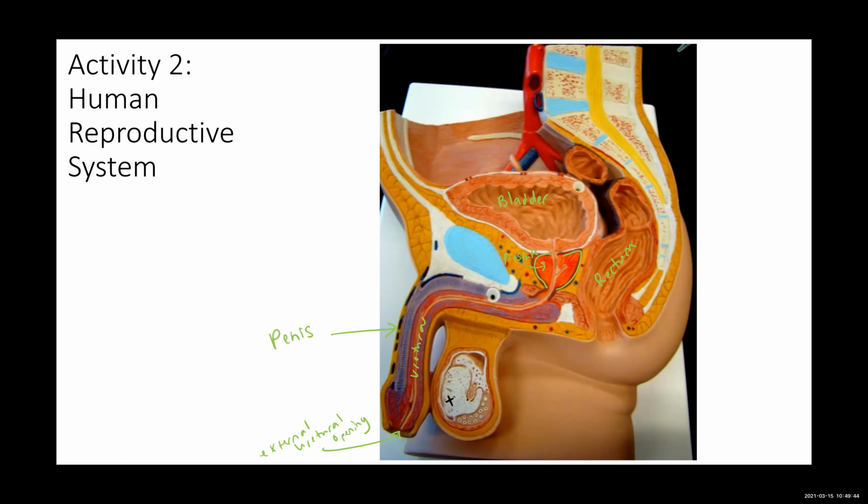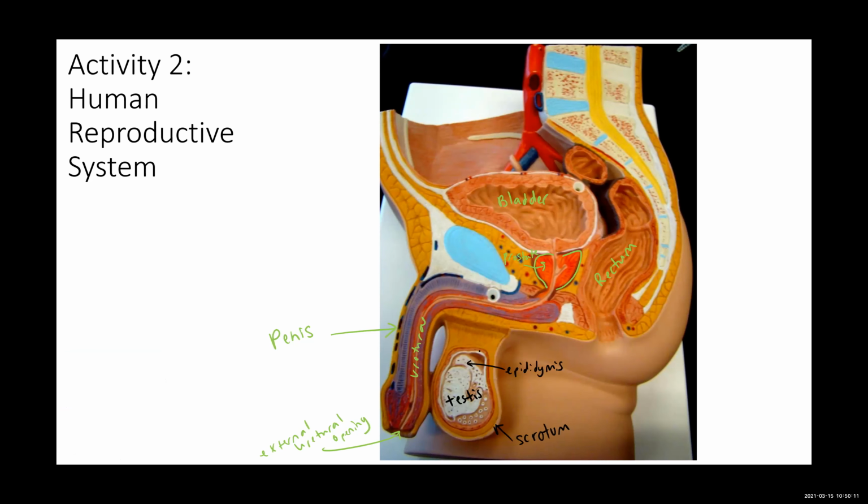We have the gonad, the testis is the plural form. Sitting right on top of the testis, we have the epididymis. This whole gonad is kept at a cooler temperature outside of the pelvic cavity, in a tissue, an organ called the scrotum.